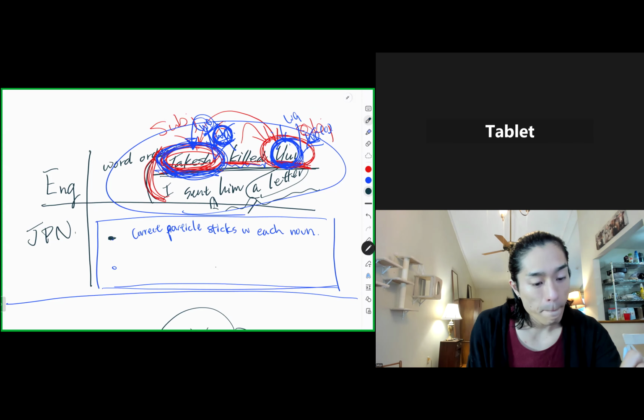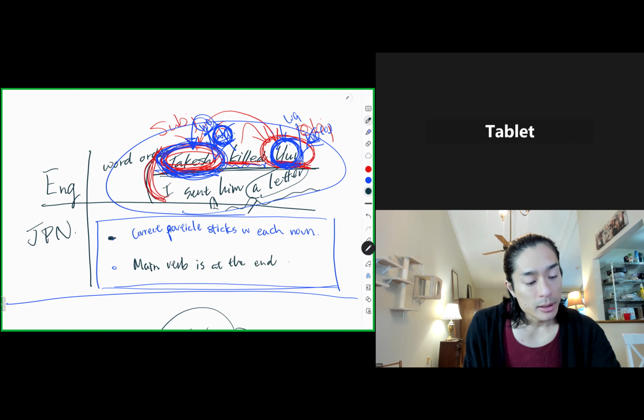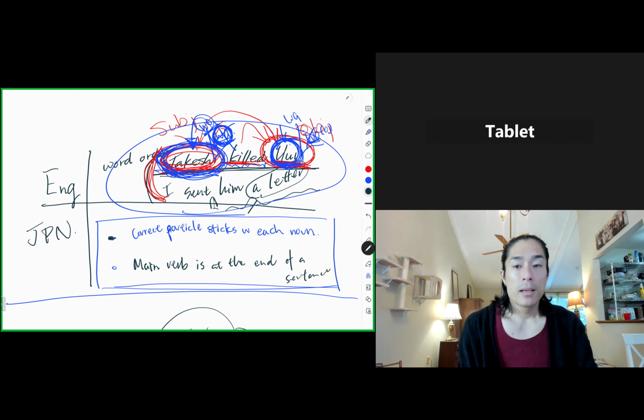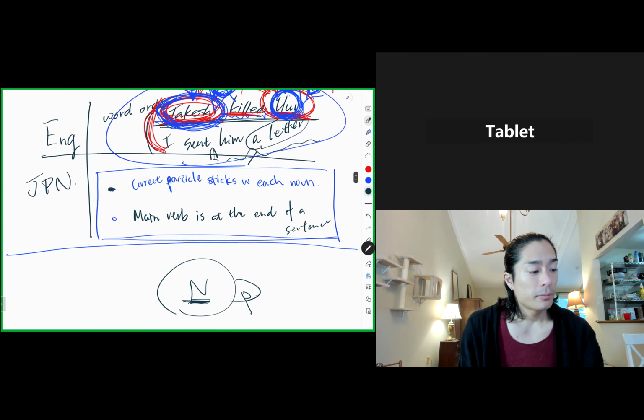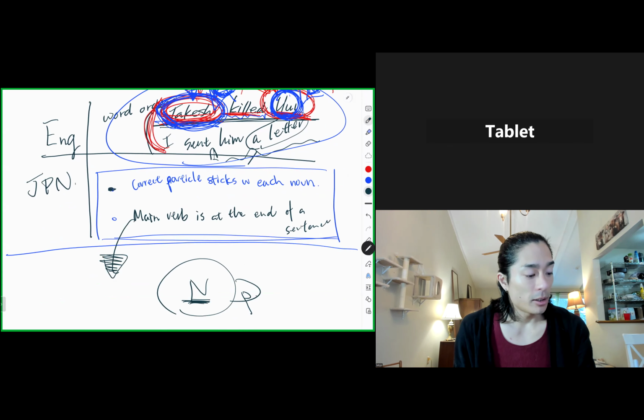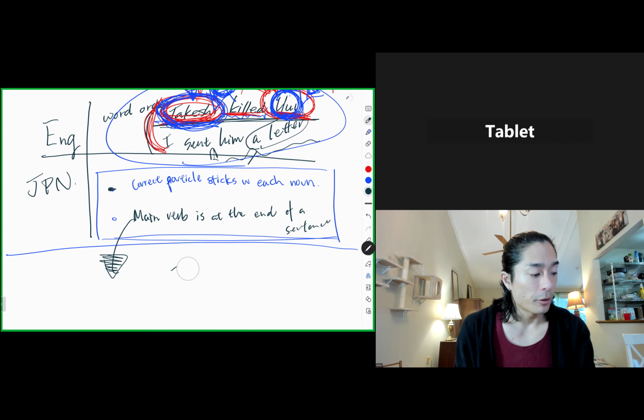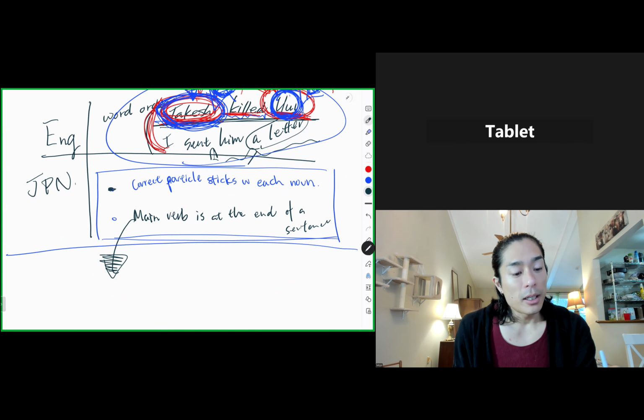Second rule, the main verb is at the end of a sentence. Okay, so Japanese word order, I mean, I just talked about Japanese not needing to worry about word order, but we do have just one rule.